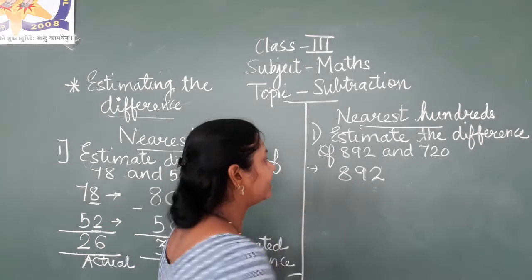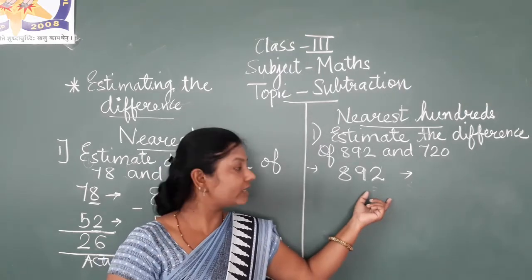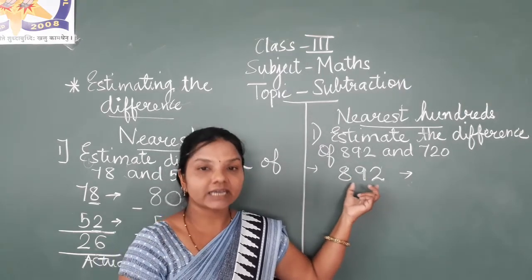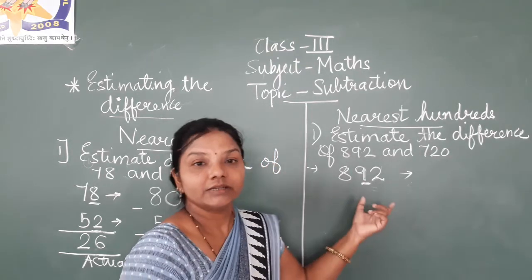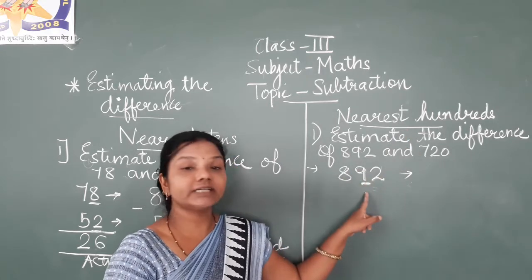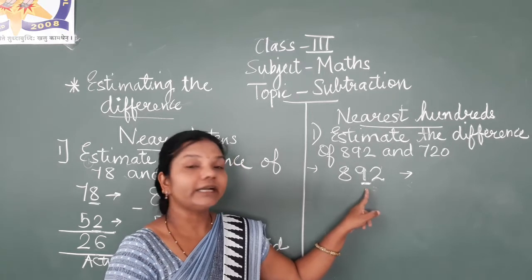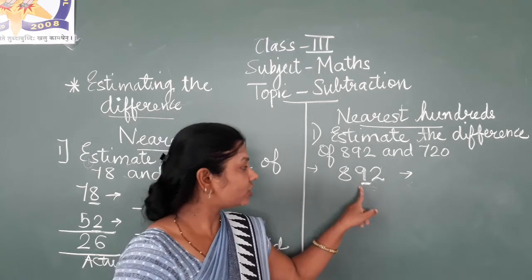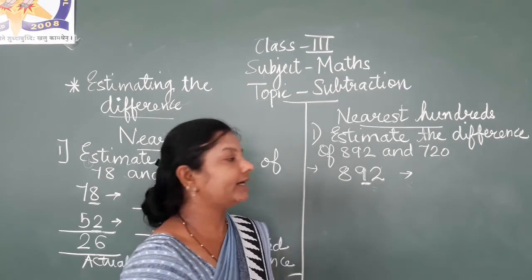To nearest 100, what is the first step? Yes, in previous video we have also discussed that if it is nearest 100, check the digit at tens place. Which is that digit? It is 9. Now check whether 9 is in the first or second group. It is in second group.